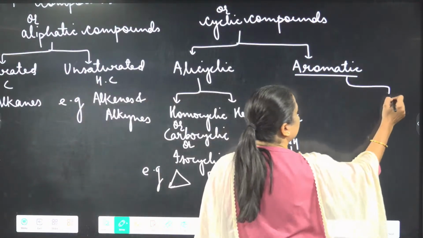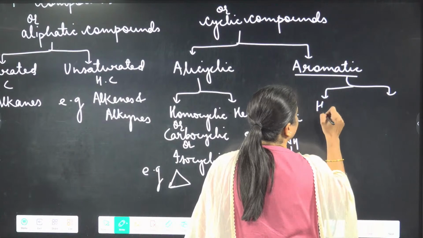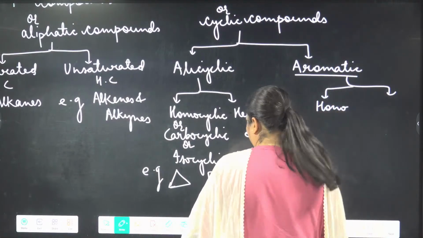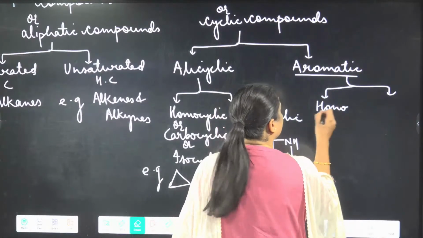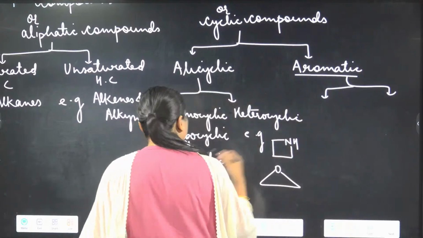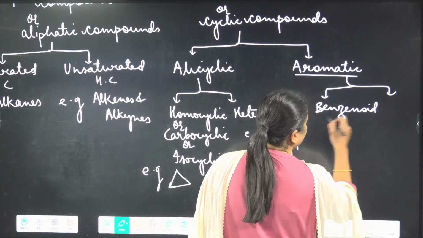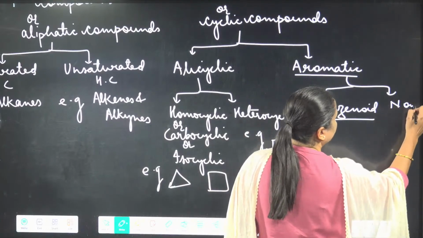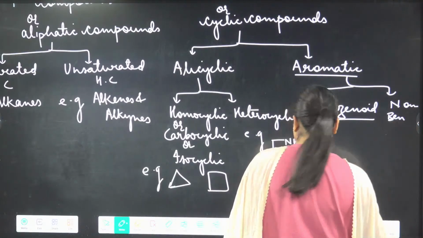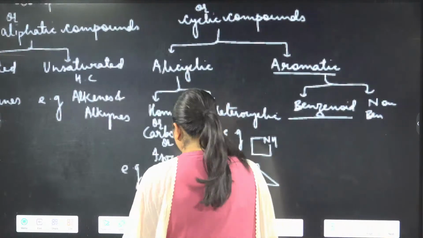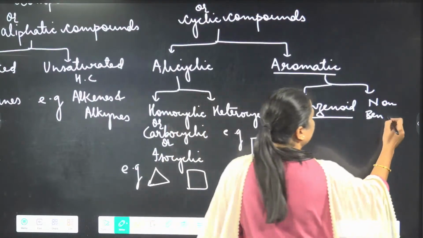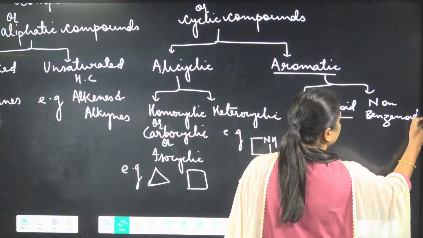Now in case of aromatic, aromatic is again a different class of compound. Basically we can say benzenoid and non-benzenoid. The detailing of this we'll be doing later on.